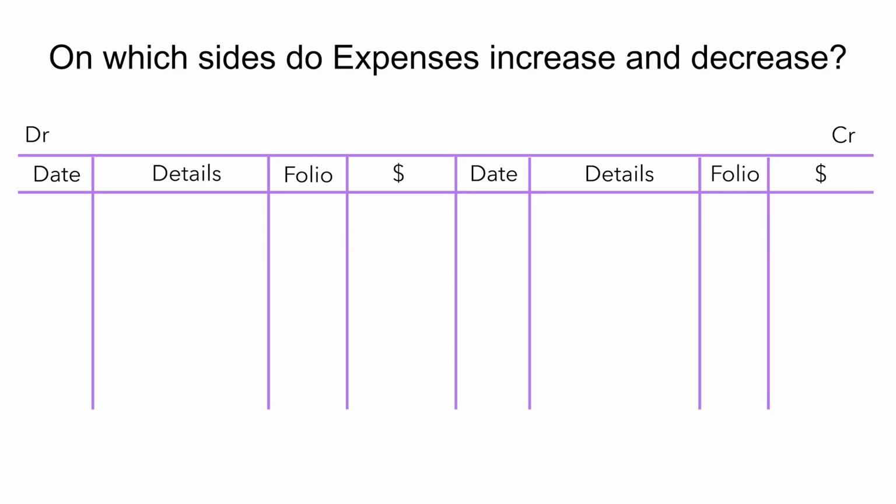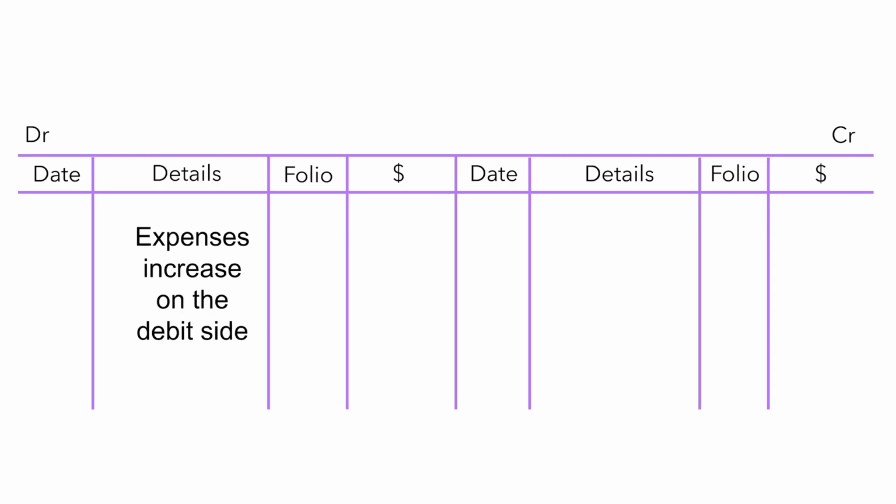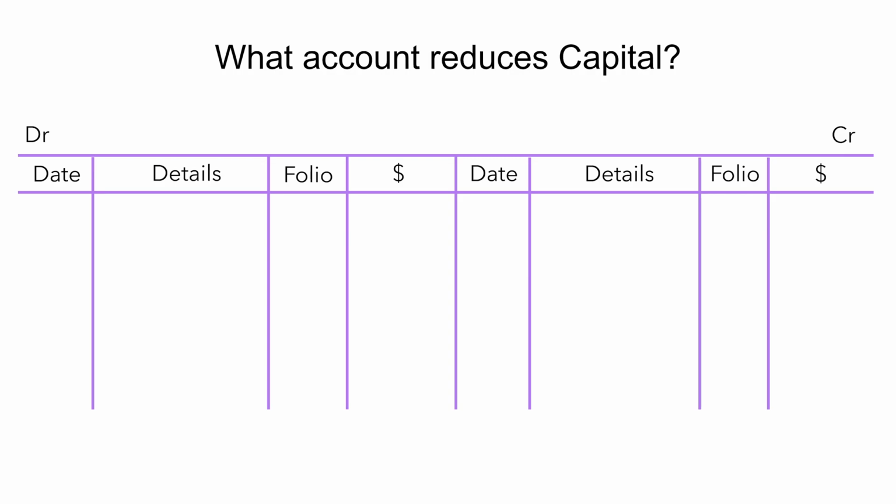On which sides do expenses increase and decrease? Expenses increase on the debit side, expenses decrease on the credit side. What account reduces capital?